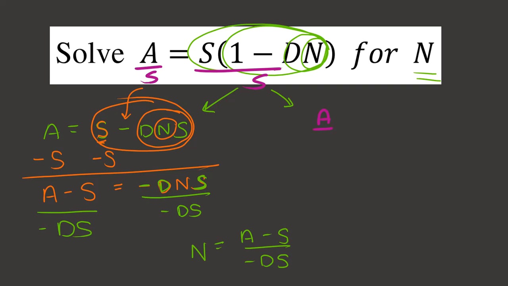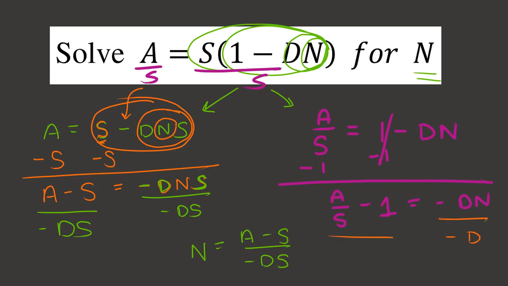And we get a over s equals 1 minus dn. Then we could subtract 1 from both sides, and we would get a over s minus 1 equals negative dn. And finally, we could divide everything here by negative d.